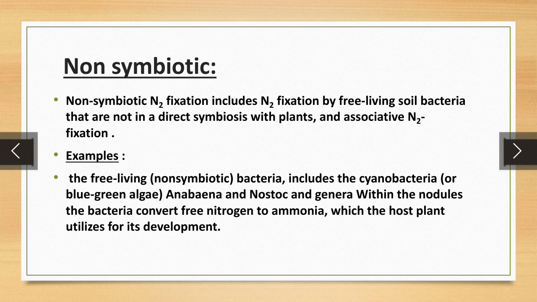For example, the free-living non-symbiotic bacteria include the cyanobacteria or blue green algae, Anabaena, Nostoc, and genera within the nodules. The bacteria convert the nitrogen to ammonia, which the host plant utilizes for its development.